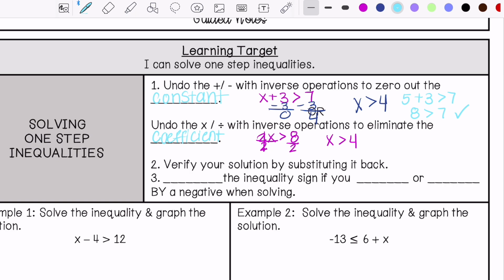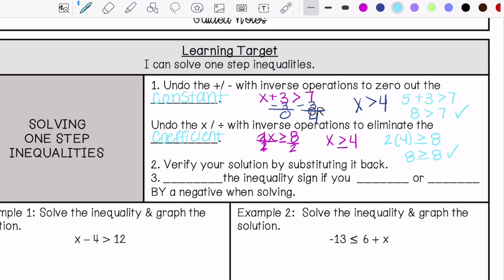I am actually going to change this right here for a certain purpose. So this is x is greater than or equal to 4. So I actually can choose 4 in this case. Is 2 times 4 greater than or equal to 8? It's equal to 8, so this is a true statement. So this is correct.